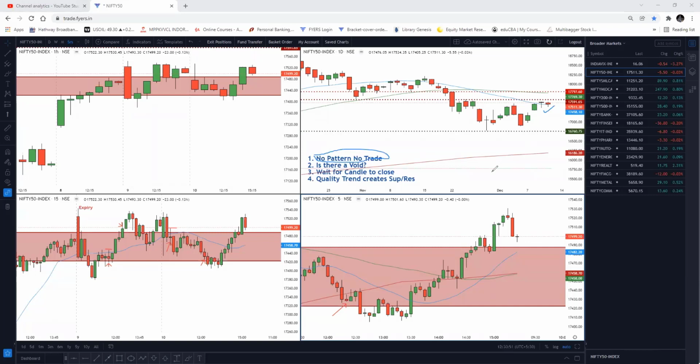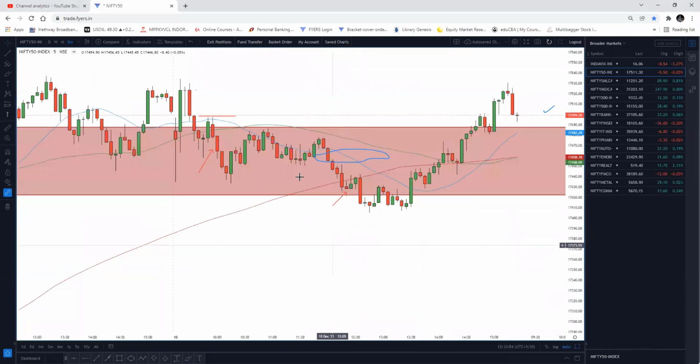So this means that first of all, I want a strong pattern to either go short or long. So after analyzing the whole scenario, the first thing that I look for is the right pattern. So I waited for the right pattern.